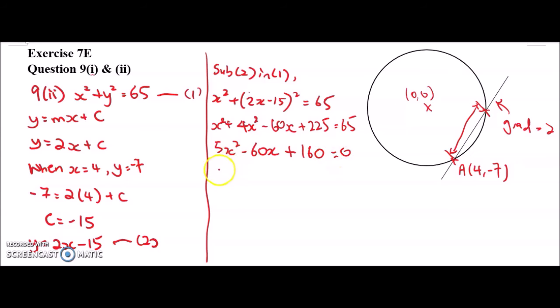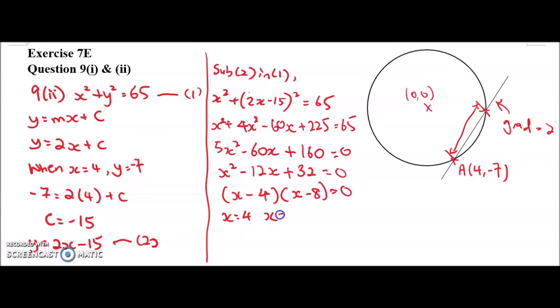We can divide throughout by 5 to get x squared minus 12x plus 32 equals 0. To solve this, we can factorize: (x minus 4)(x minus 8) equals 0. So x equals 4 or x equals 8.